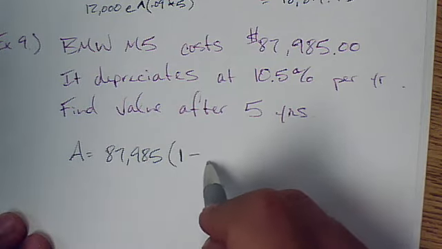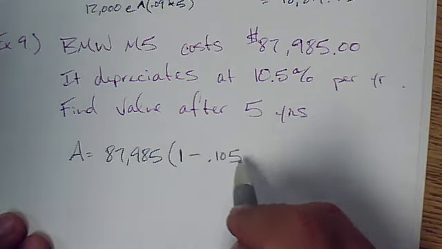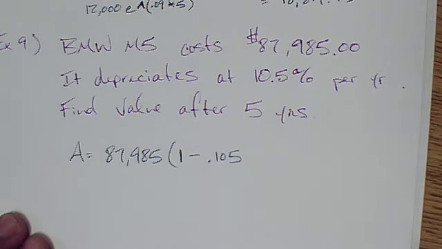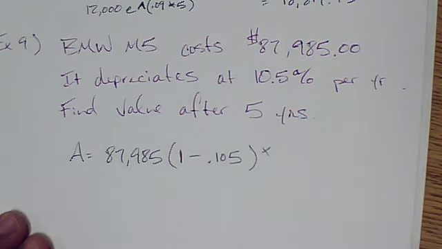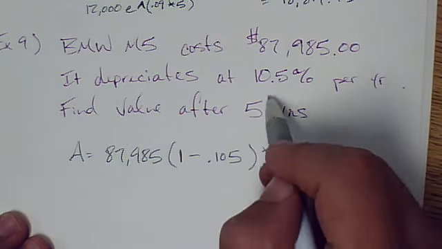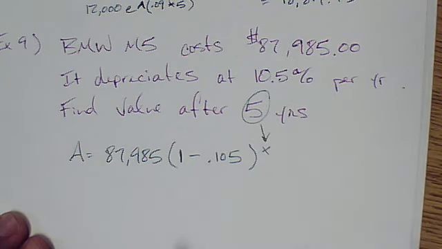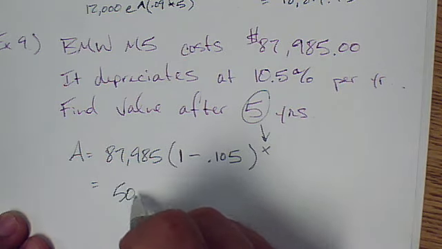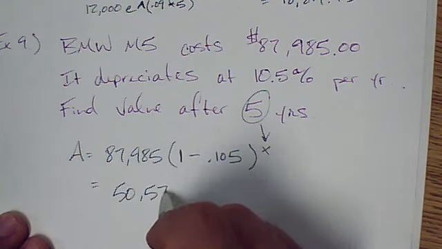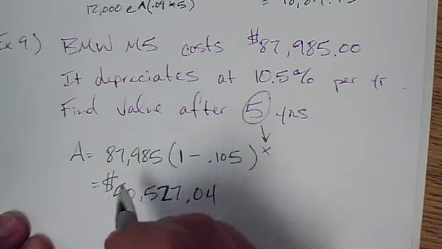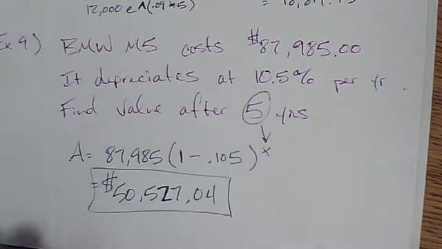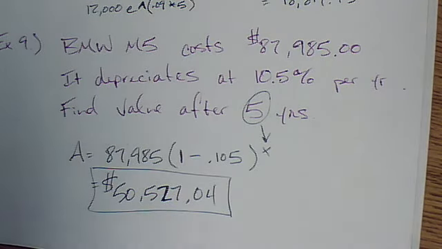So I'm going to subtract 0.105. Then we can do that to the x. So I can take this 5 and I can plug it in right there, and you would get $50,527.04. That's how much your M5 is worth after 5 years.